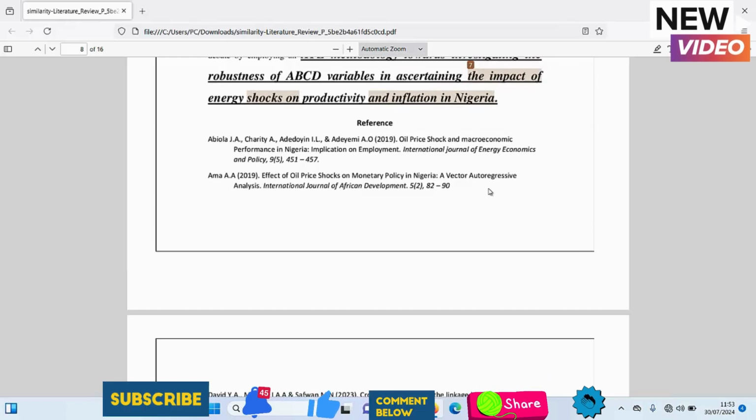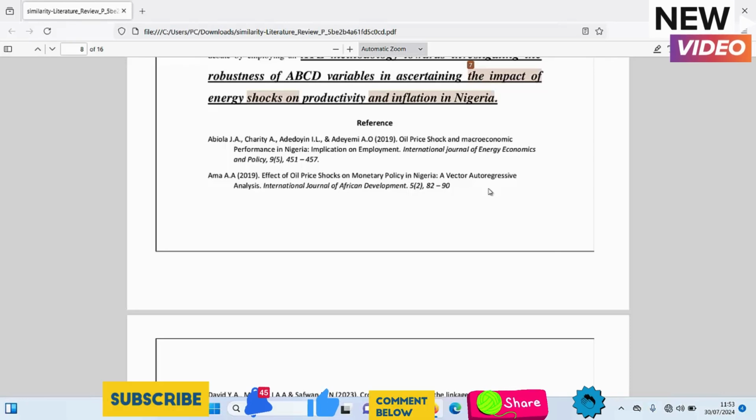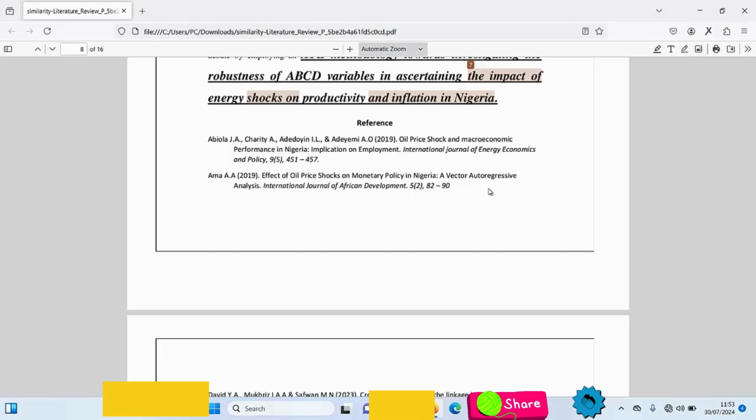So when you want to check your paper, you make sure you exclude references. In fact, this is the standard. References must be excluded. So the first thing you need to do when you are setting up your Turnitin for plagiarism checking is to exclude references.